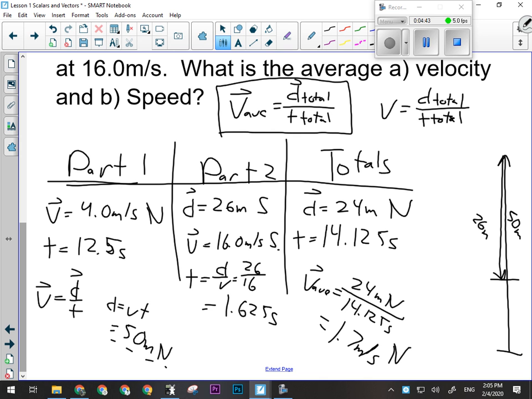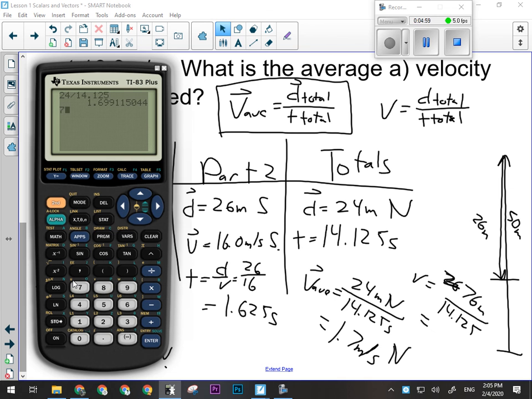I went 50 meters, then 26 meters, so I went 76 meters. So my average speed is going to be 76 meters divided by 14.125 seconds, and that'll give me my average speed of 5.4 meters per second.